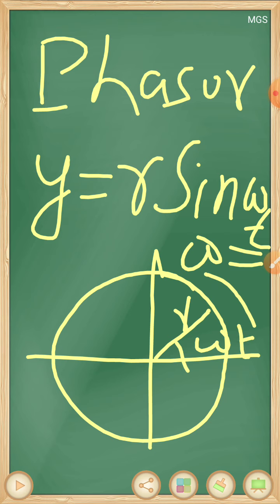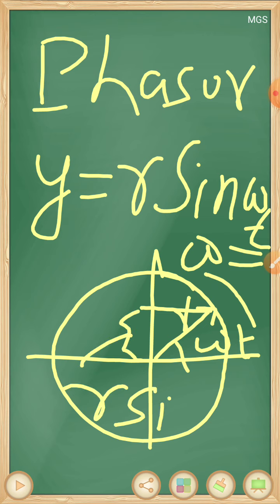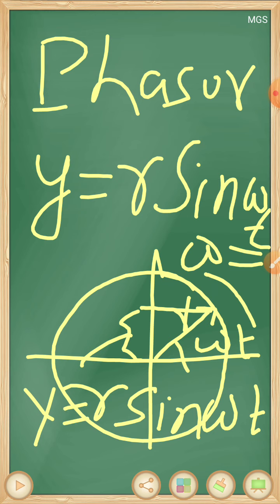So if we take the projection of rotating vector r on the y-axis, it will be r sine omega t, which gives the displacement of the particle in simple harmonic motion at time t from the mean position. So it is a phasor.